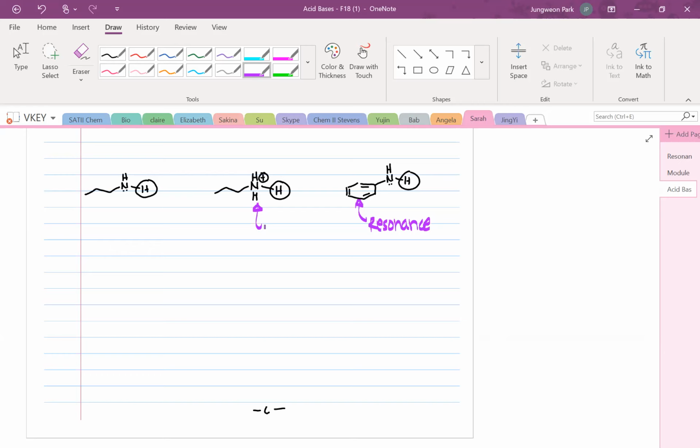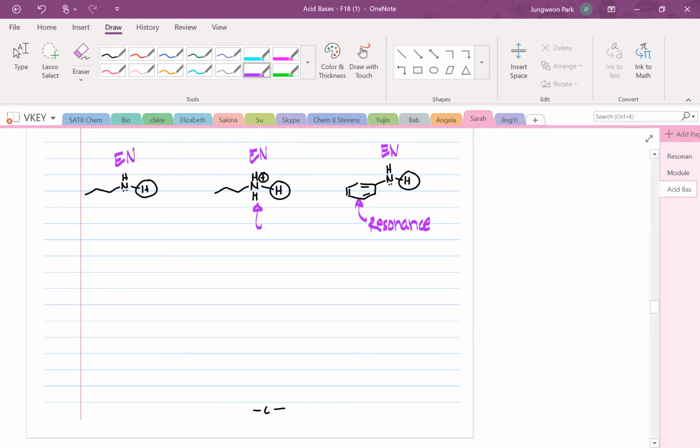Electronegativity. So all of them have electronegativity because nitrogen is more electronegative than hydrogen, right? Because the charge is on the electronegative atom, right?